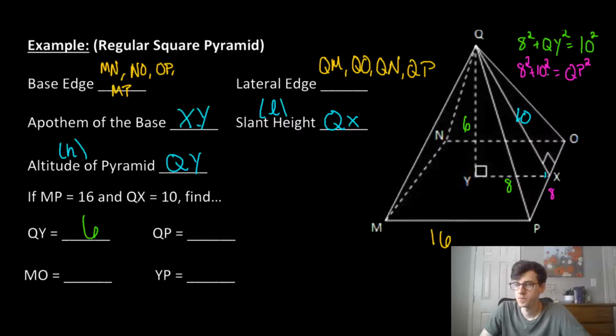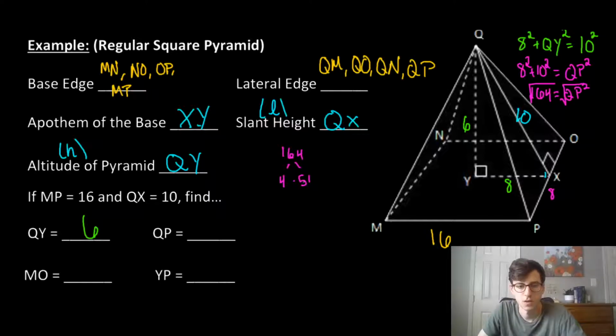So we can solve for QP. 164 equals QP squared. Well, we're taking the square root of both sides here, right? So just trying to think through what it would look like to take the square root of 164 and simplify that. 164 breaks down into 4 times 51, I think.